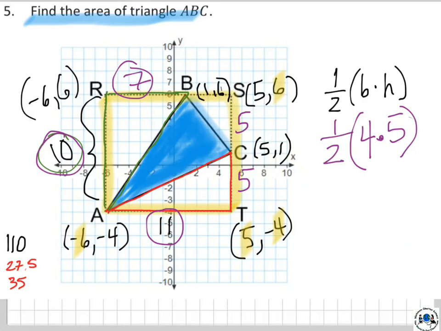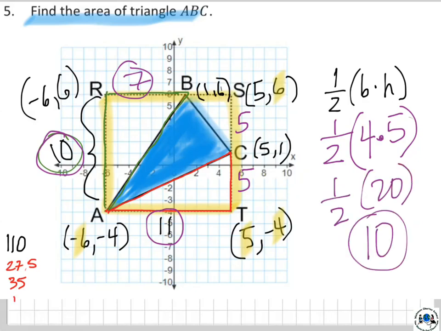The base of our small triangle is going to be 4. And we know that the height is going to be 5, because we've already calculated the entire height, and then all we have to do is take away the height of the red triangle. Okay, and we know that's 5. So half of 4 times 5, which is half of 20, is 10. And put that on the other side as well.